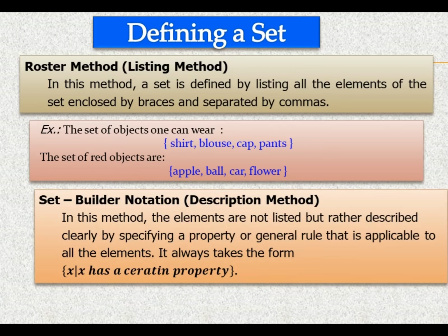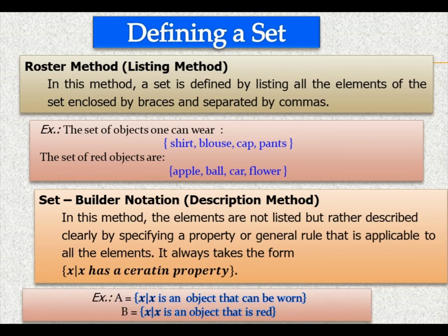The next method is called the set builder notation or the description method, wherein the elements are not listed but described clearly by specifying a property that is applicable to all elements. It takes this form: the elements of x such that x has a certain property. Let's have the example.